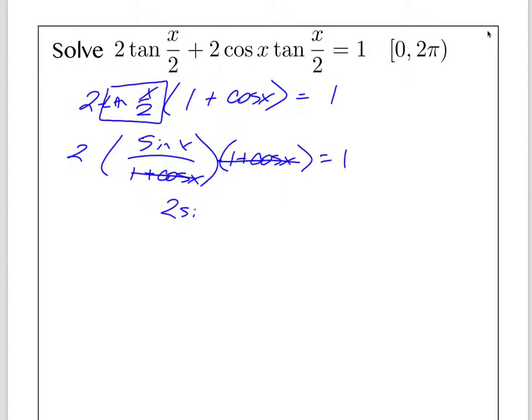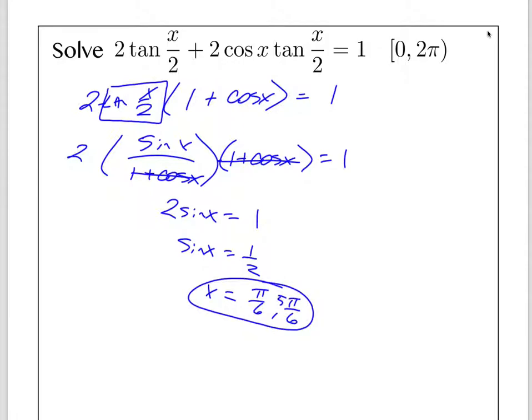I get 2 sine of x equals 1, so sine equals 1/2. So when does sine equal 1/2? Pi over 6. The 1/2 is positive, so in what 2 quadrants is sine positive? First and second, so that means the other solution is 5 pi over 6.